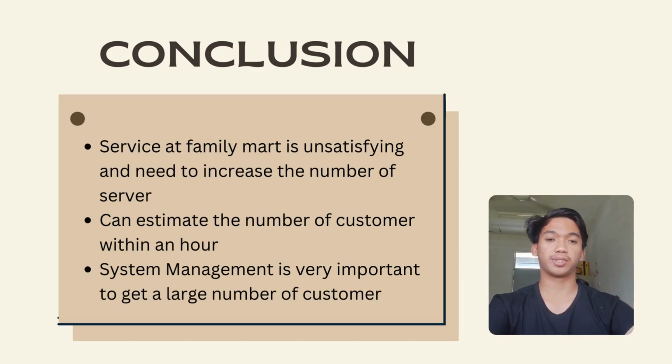For the last conclusion, service at Family Mart is unsatisfying and needs an increase in the number of servers. We also learned that we can estimate the number of customers within an hour, and the main part is that system management is very important to get a large number of customers.